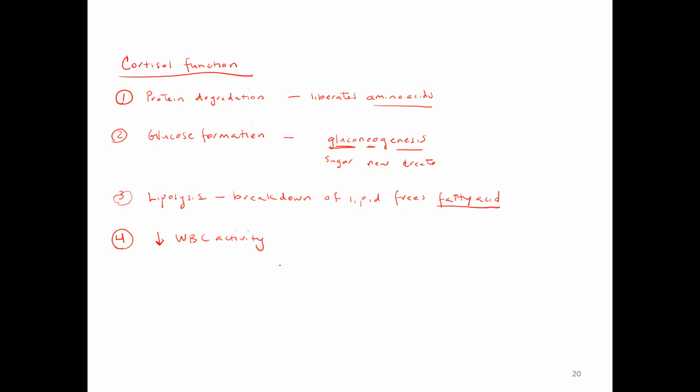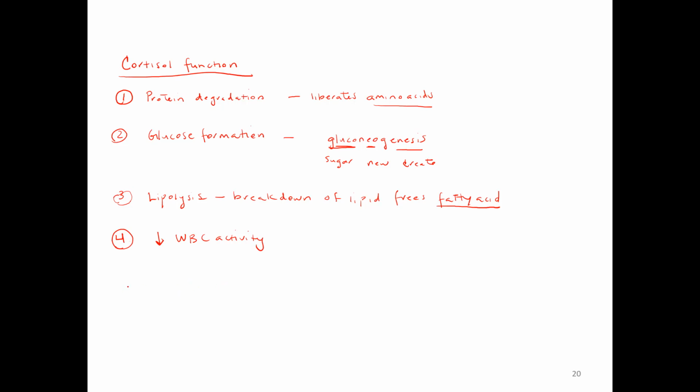When they are given a steroid, we often see that those symptoms abate, because cortisol plays a role in decreasing or suppressing white blood cell activity. So these are the major activities that we can apply to cortisol when it interacts with its target cell.